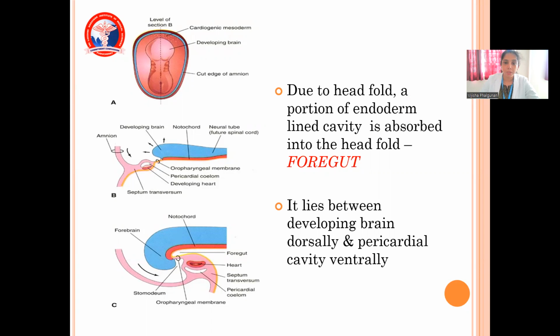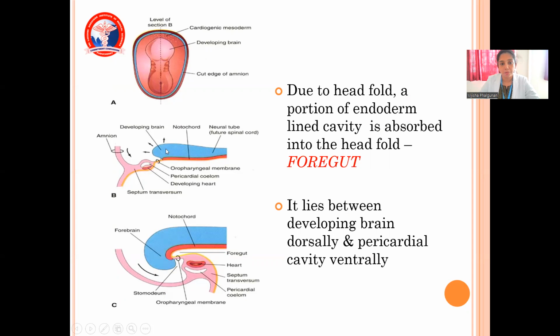It lies between the developing brain dorsally and pericardial cavity ventrally. This blue colored shaded area is the area of your developing brain, which occupies a dorsal position of the primitive gut or the foregut, whereas ventrally you have the pericardial cavity occupying the position.